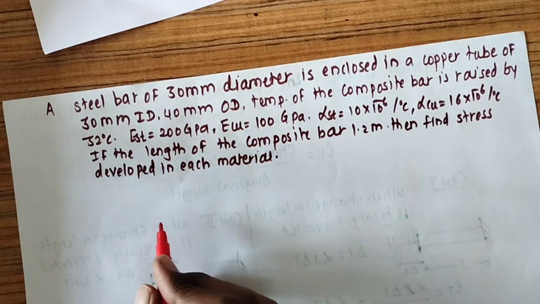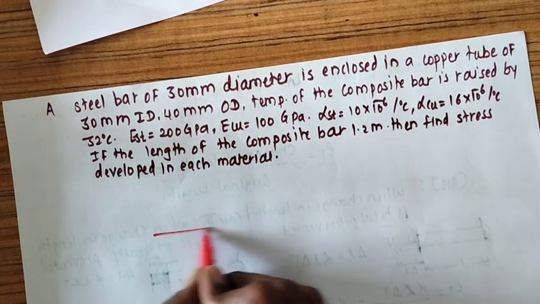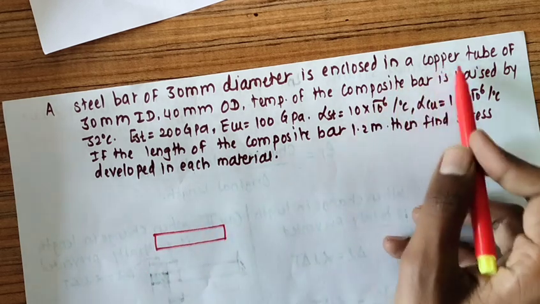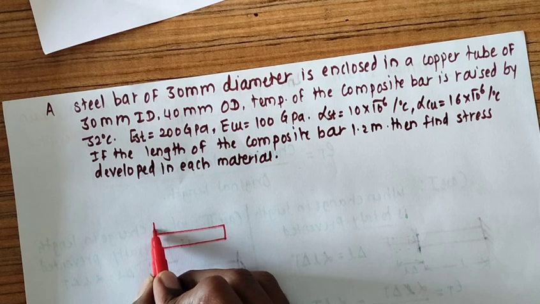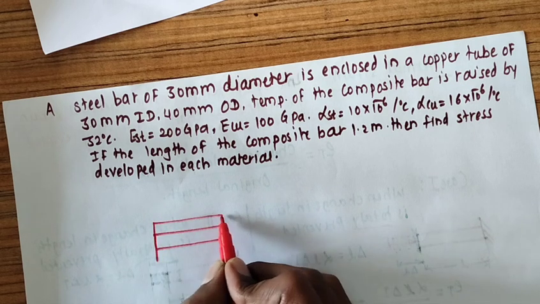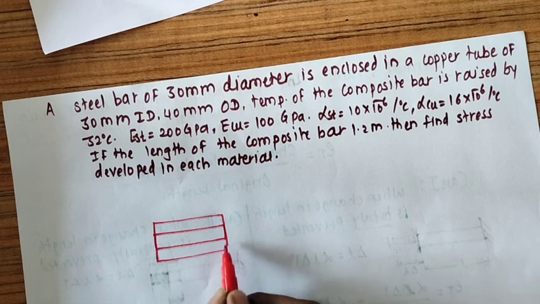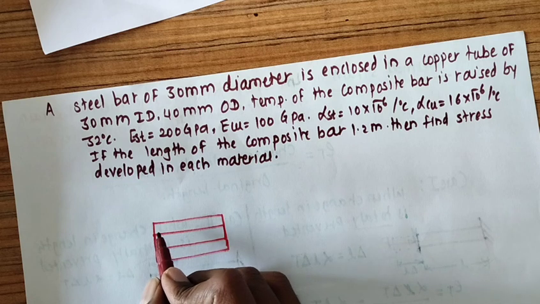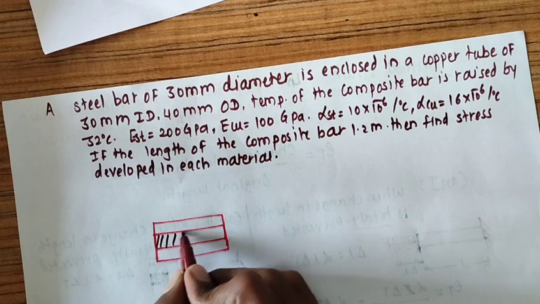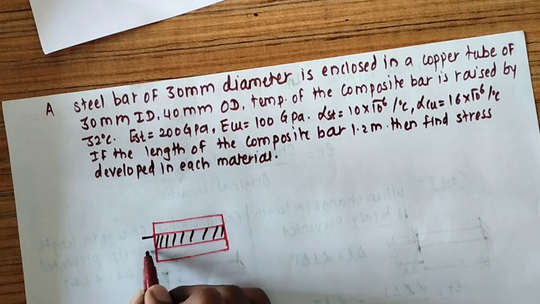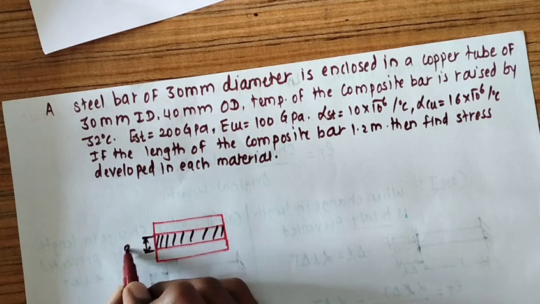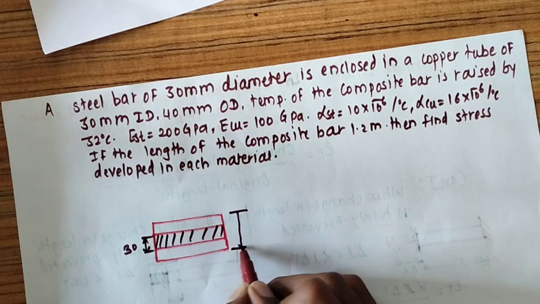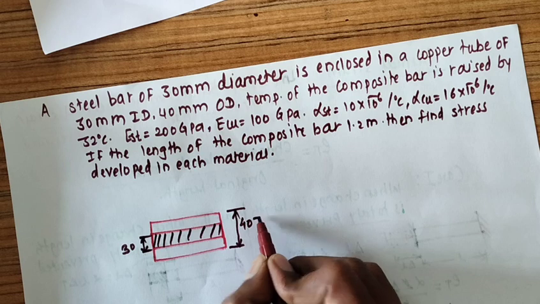So the case given here is a steel bar of 30 mm diameter, enclosed in a copper tube of OD 40 mm and ID the same, that is 30 mm.